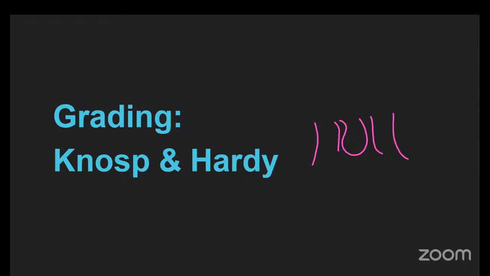And what are the structures in the cavernous sinus? Can somebody unmute themselves and let me know? Anybody? 3, 4, 6, V1 and V2. Okay, where is 3, 4, 6? In the upper part of the sinus. Okay.